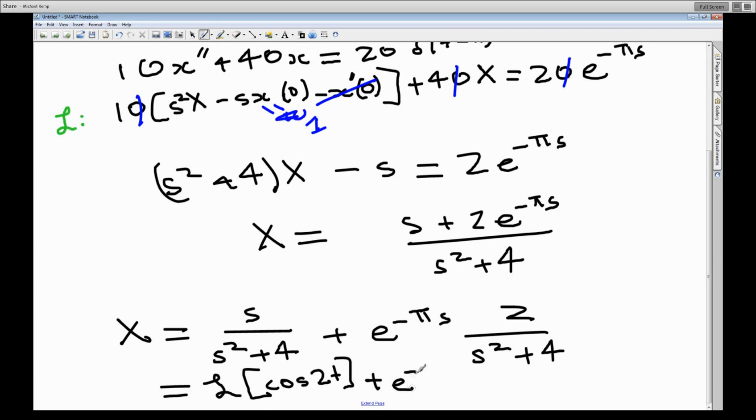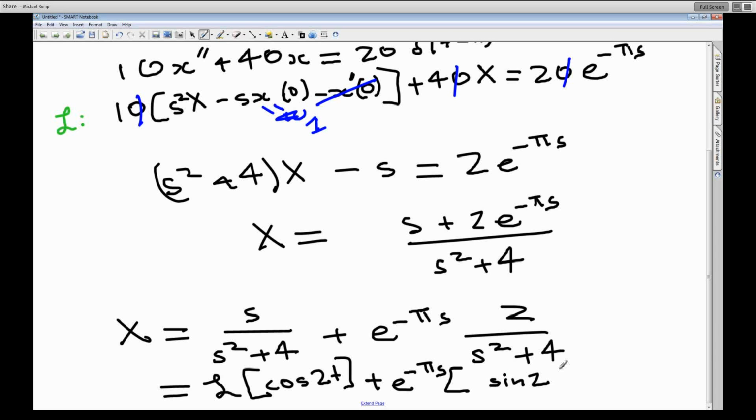So you've got e to the minus pi s. So the inverse Laplace transform of 2 on s squared plus 4 is? I thought it was sine 2t.